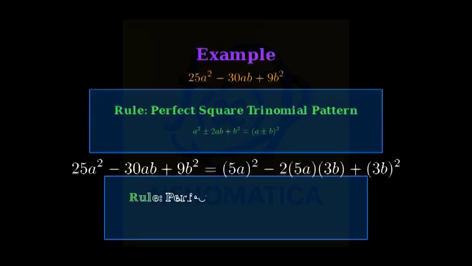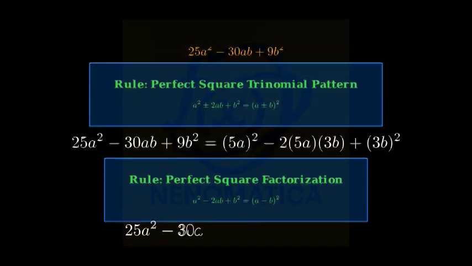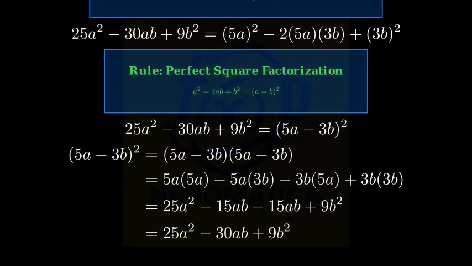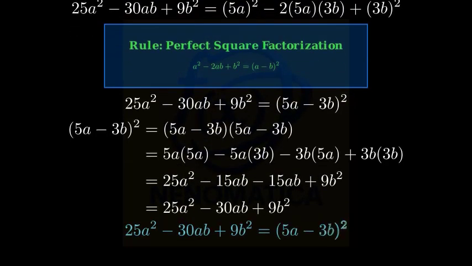Let's verify this by expanding (5a minus 3b) squared. We get (5a minus 3b) times (5a minus 3b), which equals 25a squared minus 15ab minus 15ab plus 9b squared, which simplifies to 25a squared minus 30ab plus 9b squared. This matches our original expression, confirming our factorization is correct.